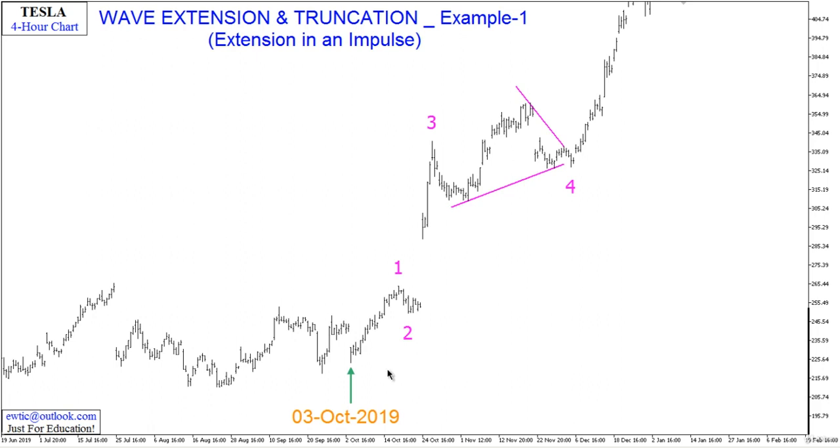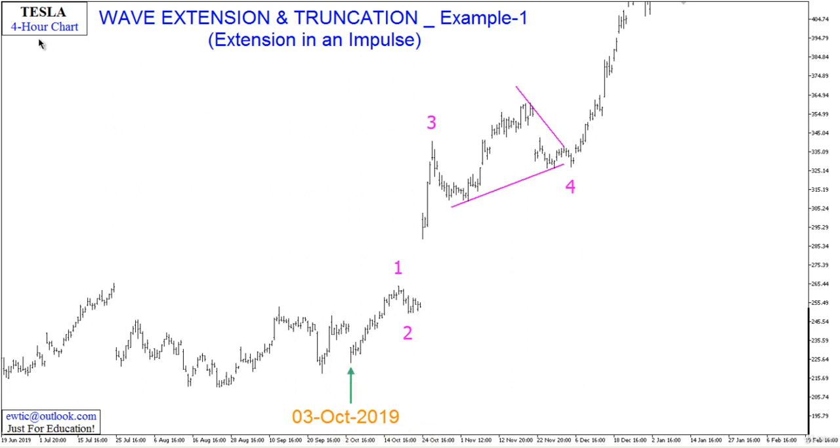From this low that formed on 3rd of October 2019, why are we considering this low but not this one or even this one? Because we had a triangle here, right? And after the completion of the triangle, I am considering this as the start of the big impulse wave to the upside, right? So this low formed on 3rd of October 2019, right?